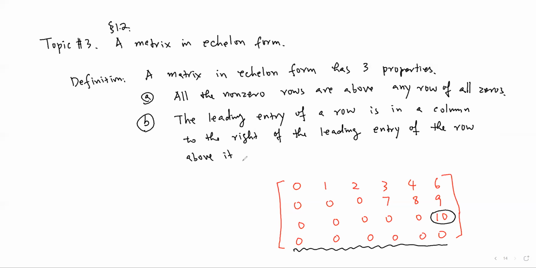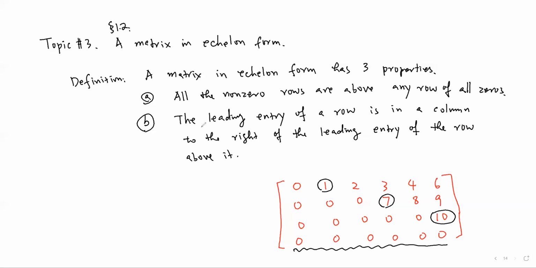Take a look at this example. The first row leading entry is 1. The second row leading entry is 7. The third row leading entry is 10. The fourth row has no leading entry.